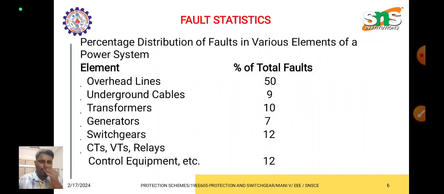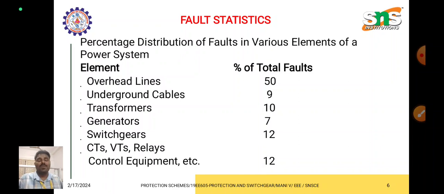So these are the fault reports in the overhead line, underground cable, transformer, generator, switchgear, CT, PT, relay, etc. Let us see the percentage of faults. The majority of faults, nearly 50%, occur in the overhead lines. Half of the faults occur only in the overhead lines.